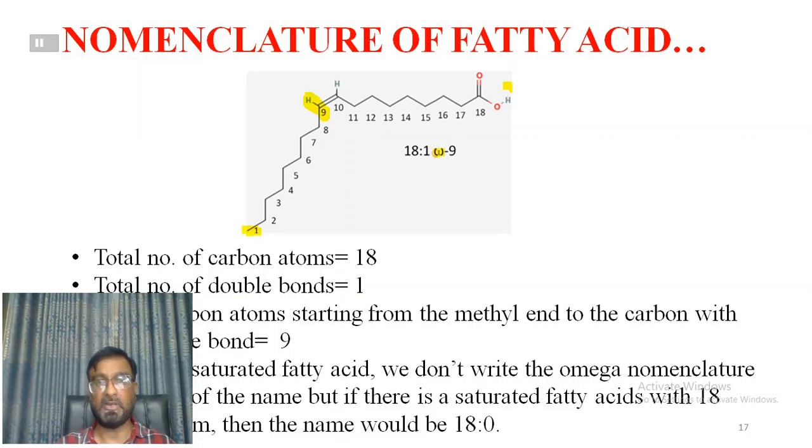So we will call it omega 9 fatty acid. So how will it get written? 18, this molecule containing 18 carbon, and one double bond: 18:1 omega 9. And as I told you earlier, that omega classification is very useful for the nutritionist.